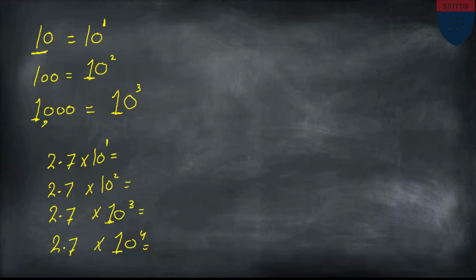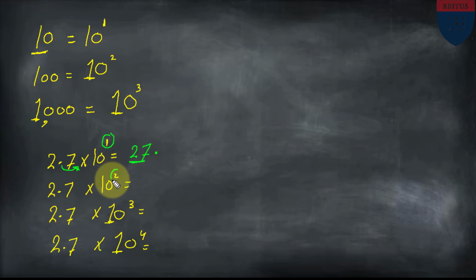When we multiply, just move the decimal point to the right how many digits? According to the exponent of 10. The exponent is 1, so just move the decimal point to the right one digit. So we get what? 27. You can say 27 point, which means 27. So we have a whole number.